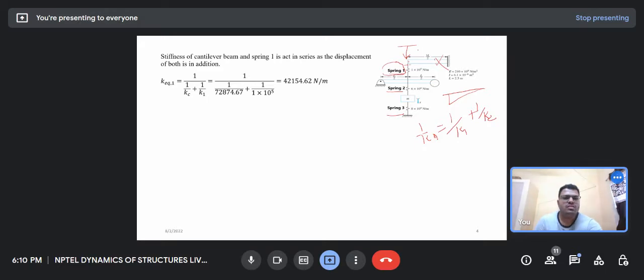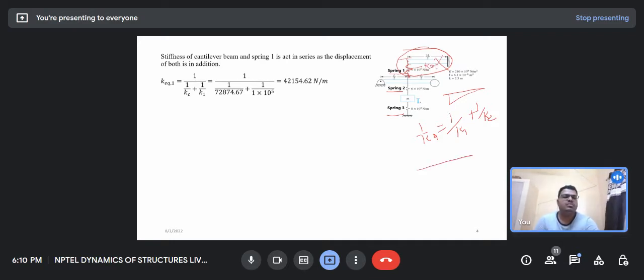These two springs are in series. Then after this k equivalent calculation, if we remove this part, the whole system can be represented as a spring whose stiffness is k equivalent.